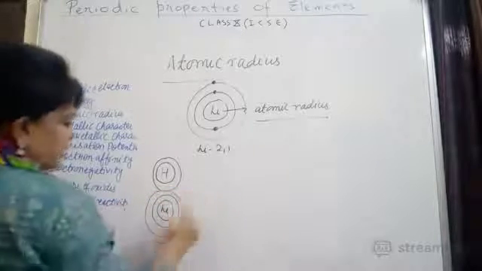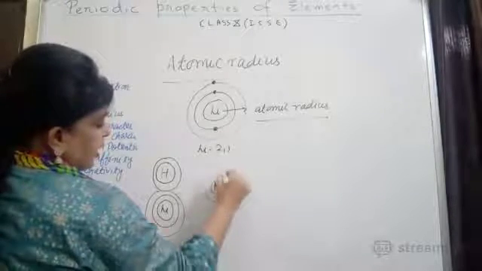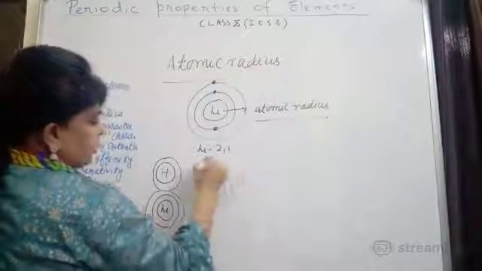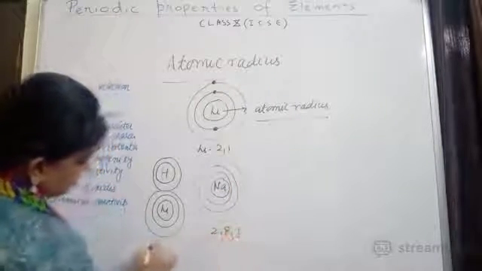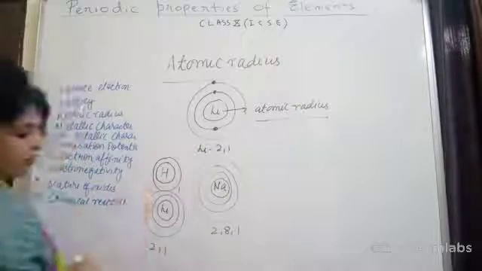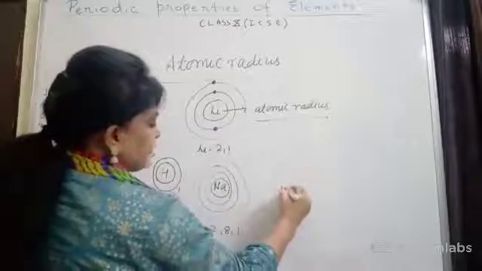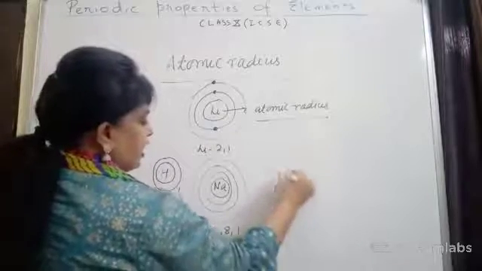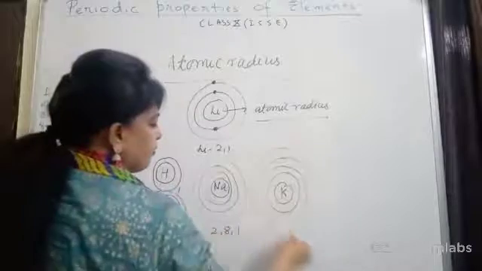What about the sodium? Sodium has one shell, two shell, three shell, because electronic configuration is 2, 8, 1. When we go to the potassium, how many shells? One shell, two shell, three shell, four shell.